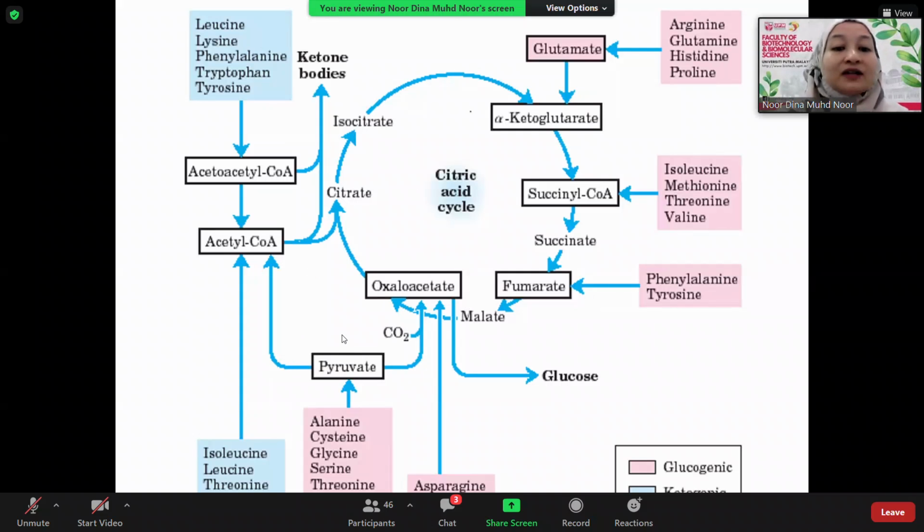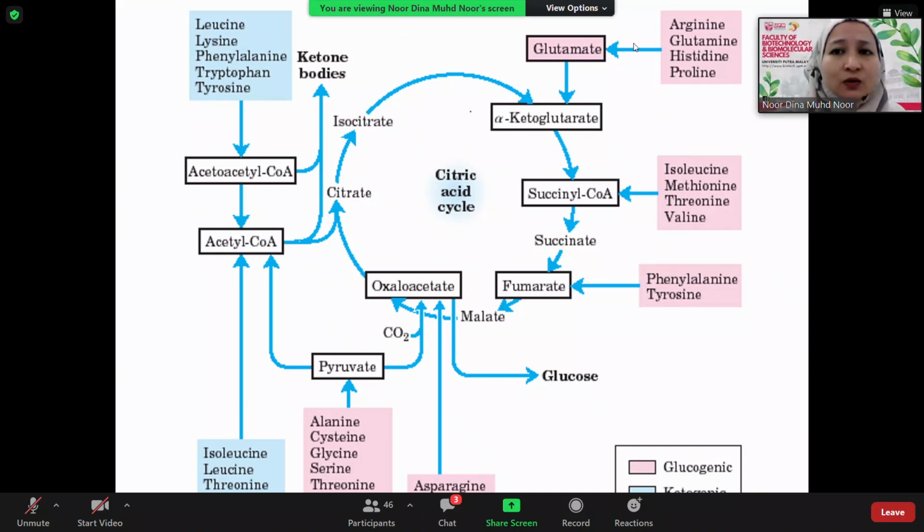Alpha ketoglutarate, succinyl-CoA, fumarate, oxaloacetate, and so on. But what we have discussed before, the long pathways, is just those amino acids that will be degraded into pyruvate. That's all. But if you're interested to know more about how each of these will be degraded into the other intermediates, you can dig in.